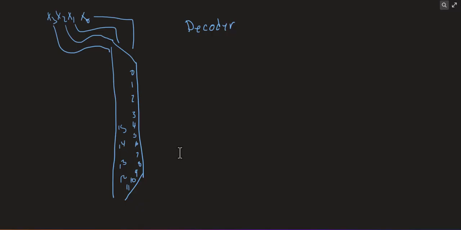So for example, if I put in 1010, that is the binary number 10, and so it would output a low here and high everywhere else because it's active low. So it just outputs a low signal on the binary number that you have.